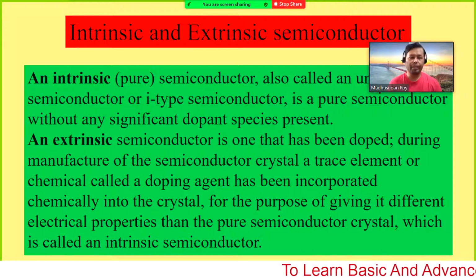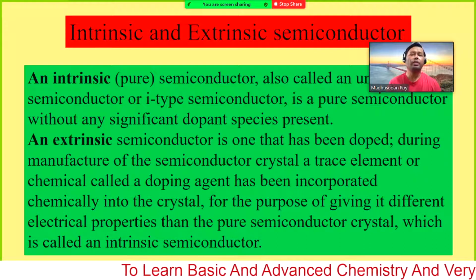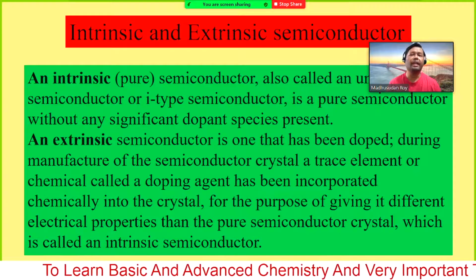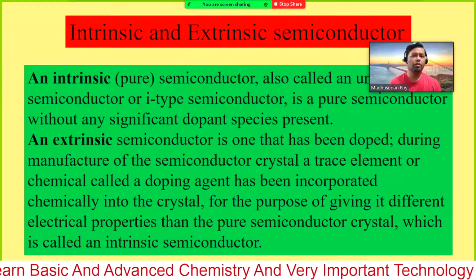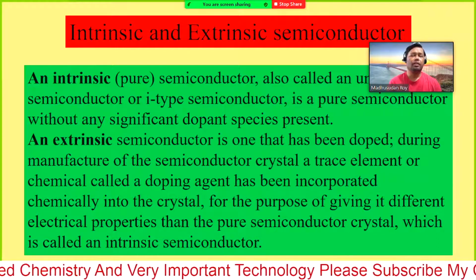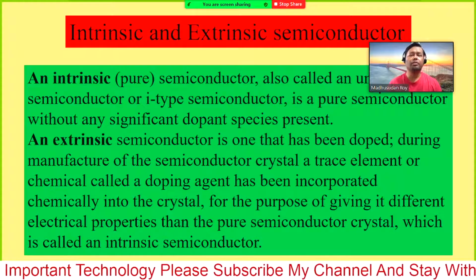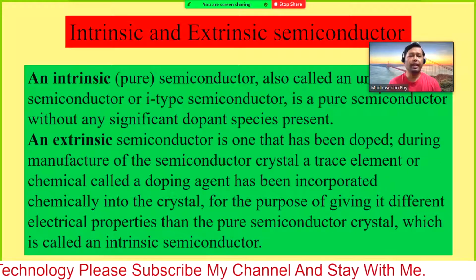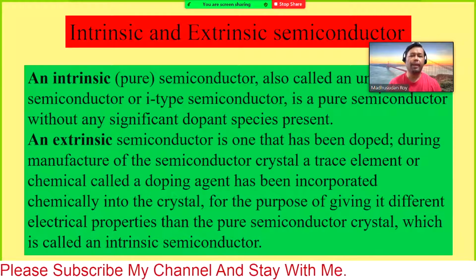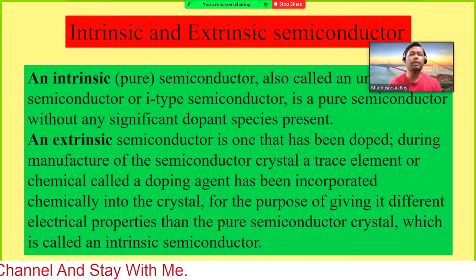Just as we mentioned for the intrinsic semiconductor, that means no dopant or anything else is added. So for the extrinsic semiconductor, it should be something. It can be some metal or some other element or atom that we add through different mechanisms just to increase the conductivity of the pure semiconductor.